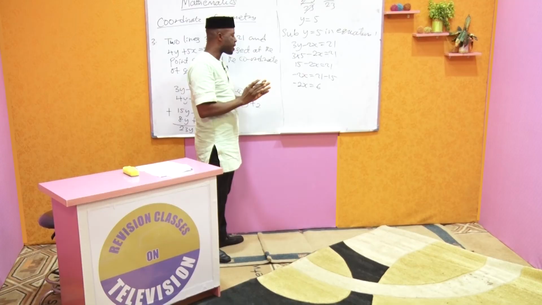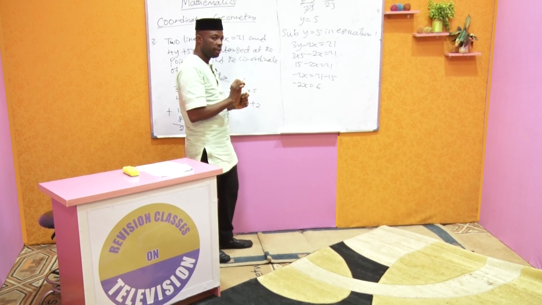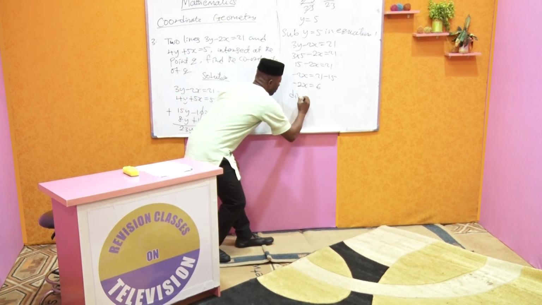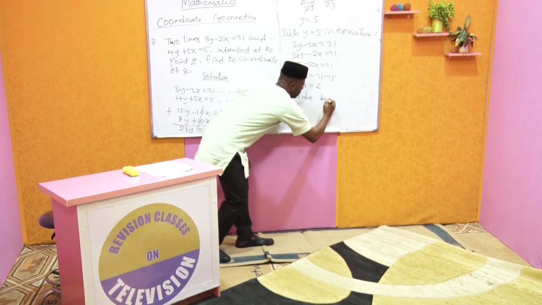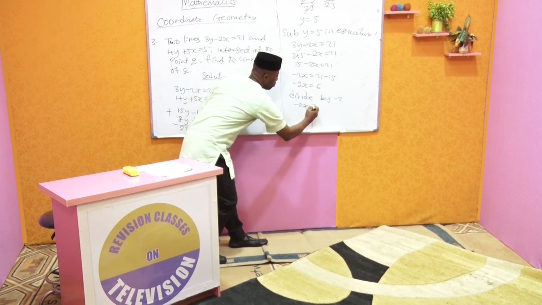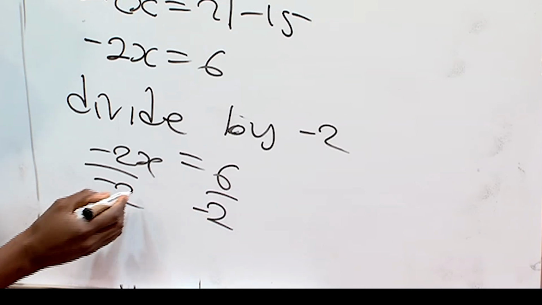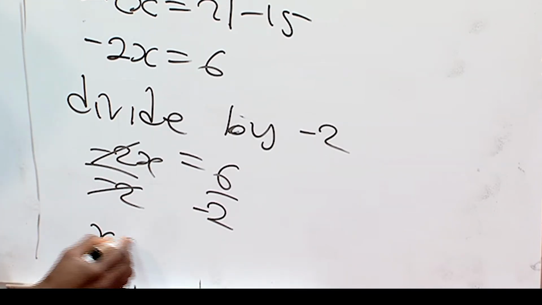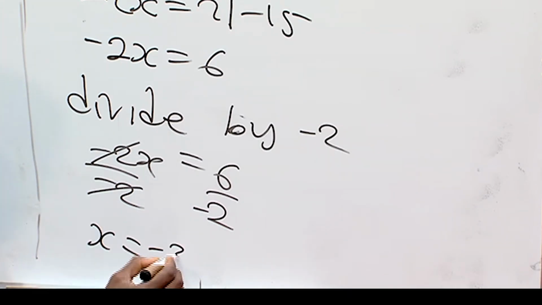Now you divide both sides by what? Minus 2, to get the value of s. So minus 2s equals 6. You divide by minus 2, divide by minus 2. Minus 2 cancels minus 2. Then s equals 6 divided by minus 2. We have minus 3.